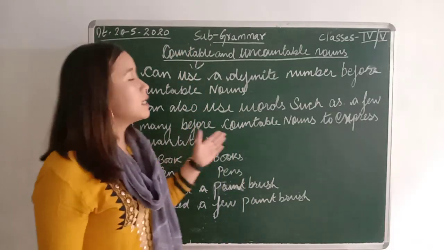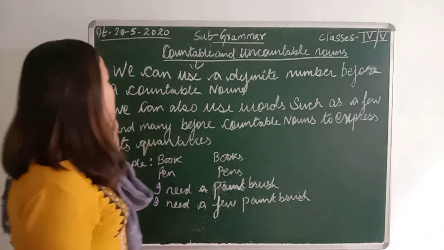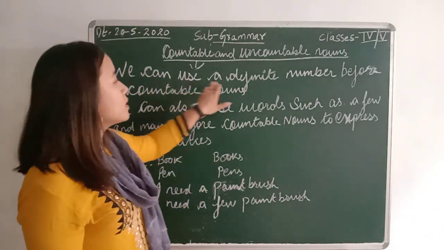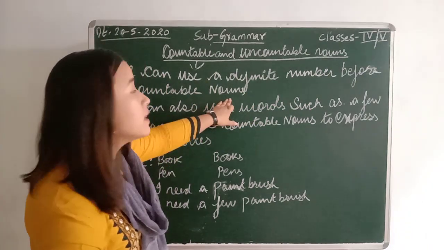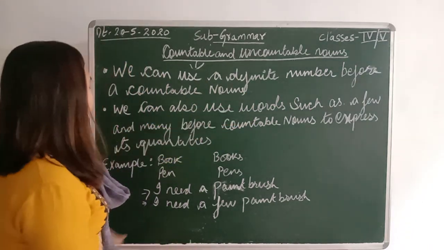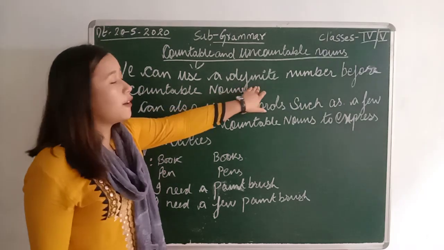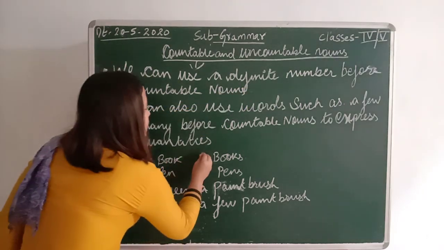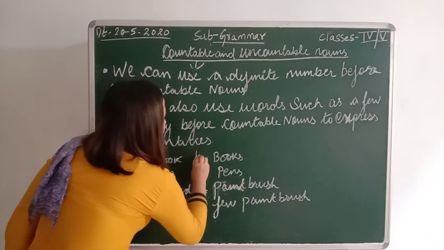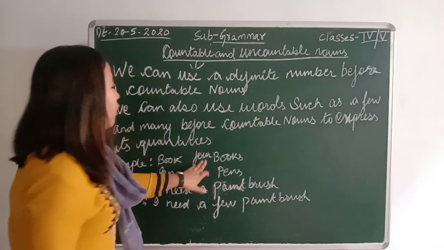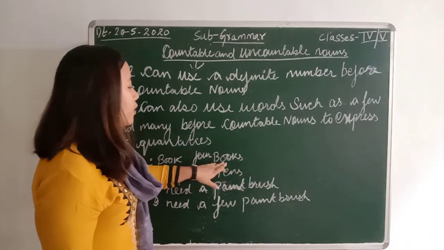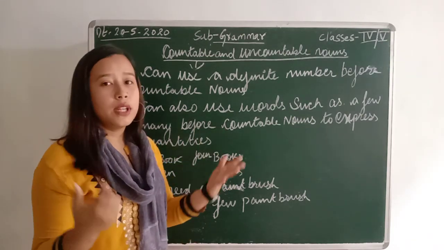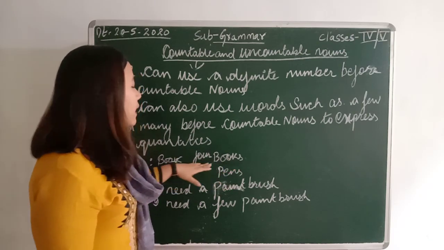So we will see the points to be remembered in countable nouns. We can use a definite number before a countable noun. So as I have already mentioned, we can use a definite number like 4 before a countable noun, because we can count these books. So 1 book, 2 books, 3, 4, 5, 6. So we can count books.